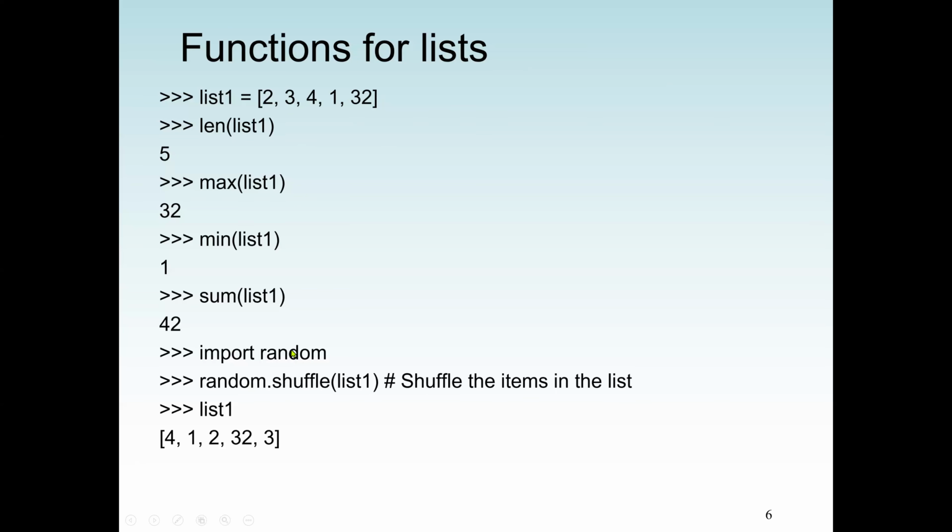So we have import random, then random.shuffle(list1), which means the list1 has 5 items here and we are going to change the positions. When we shuffle it now, number 4 is the first. And this is randomly shuffled, so we don't specify the position. So 32 was last, now 32 is in the 4th position.